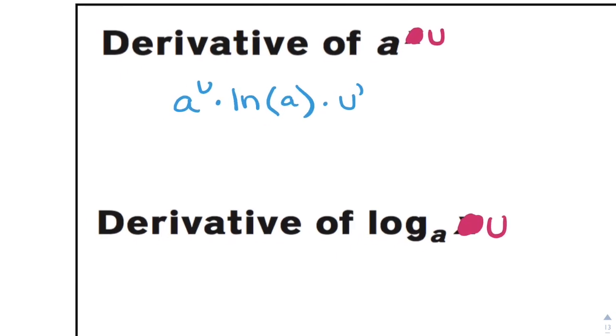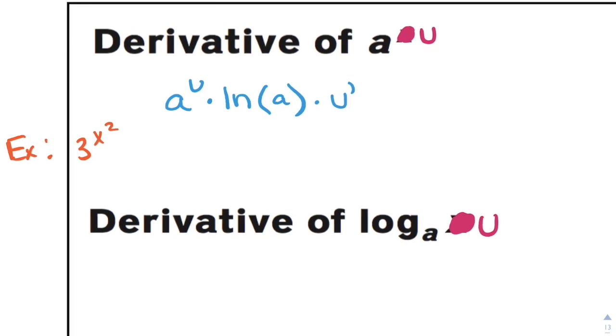An example here, let me just make up an example off the top of my head. We'll do 3 to the x squared. So if I'm deriving 3 to the x squared, the derivative will be 3 to the x squared times ln of my base, 3, times the derivative of my exponent, which is going to be 2x. And that is it for the derivative of a to the u.